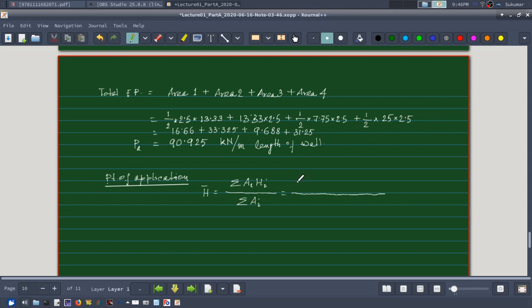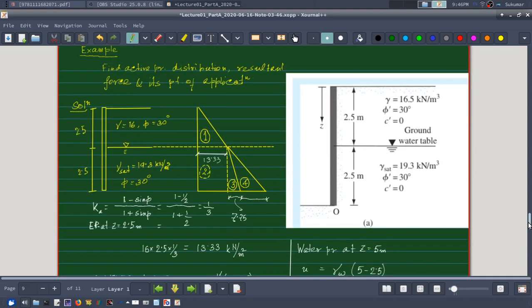So first term will be 16.66 into what will be the lever arm? Lever arm will be, you see, it will be this 2.5 from the bottom plus 1/3 of 2.5.